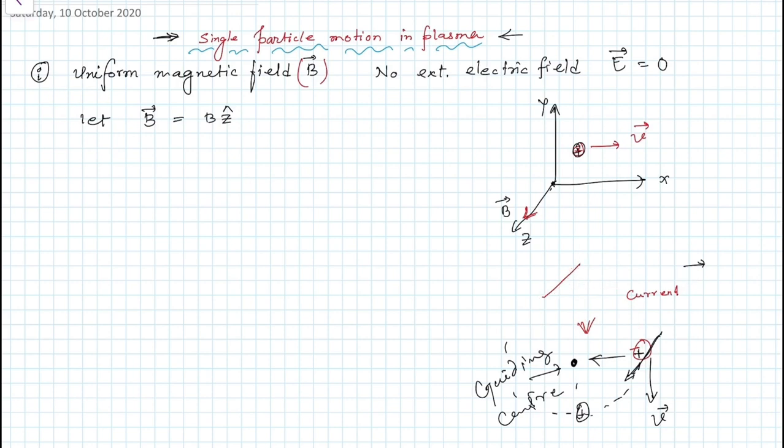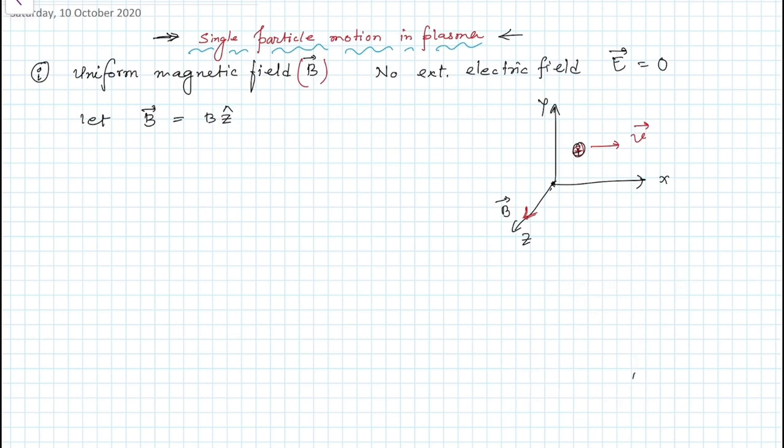Now let us calculate the Lorentz force. We know that the Lorentz force F vector is given by q into v vector, that is velocity, cross B vector, that is magnetic field. We also know that F is equal to ma, where a can be written as v dot, the differentiation of v with respect to time t.